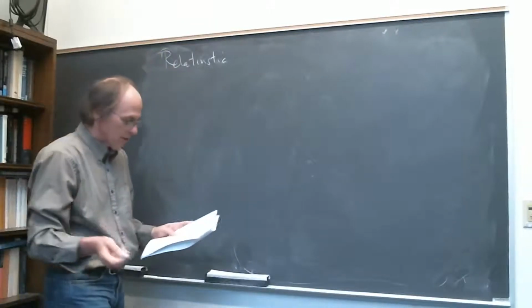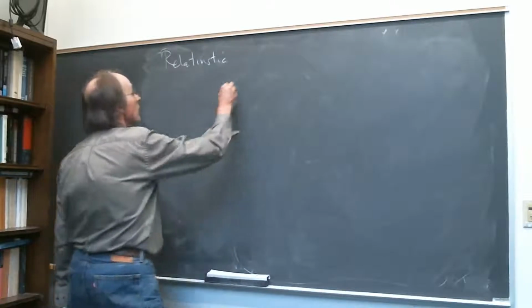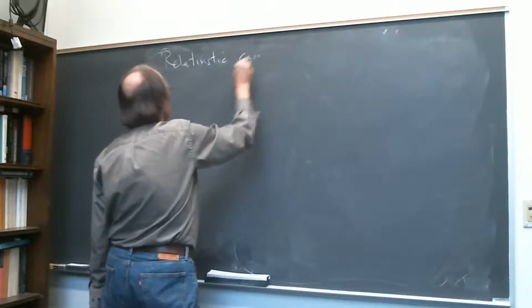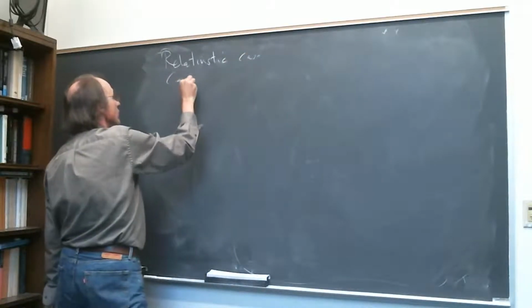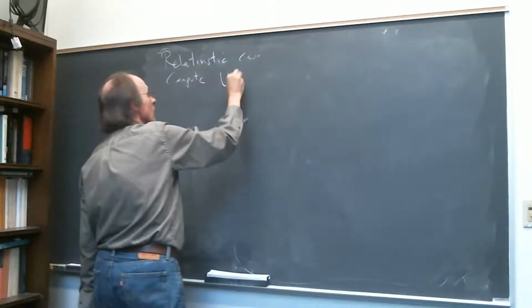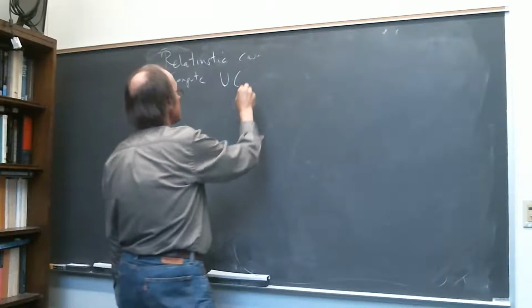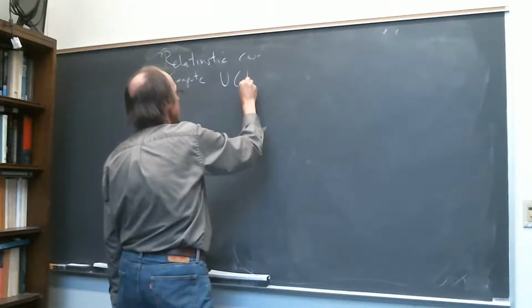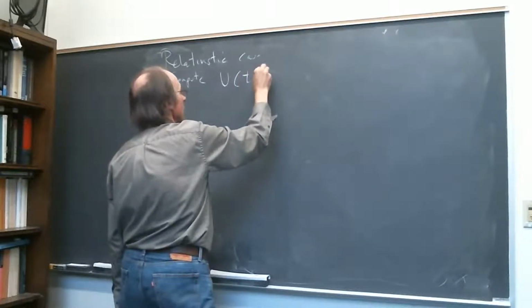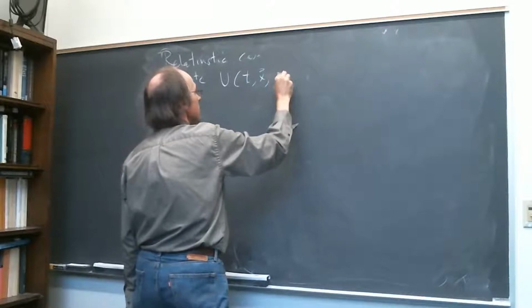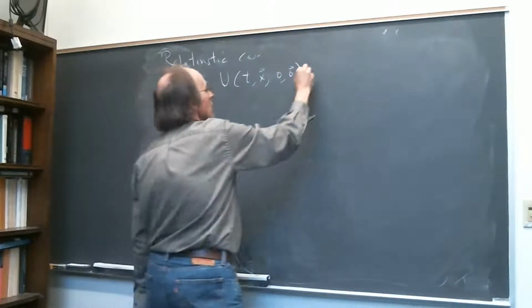So let's compute U of t, x vector, and then 0 and 0 vector.